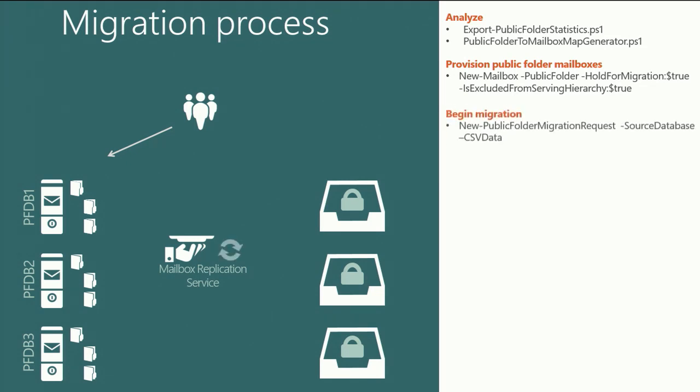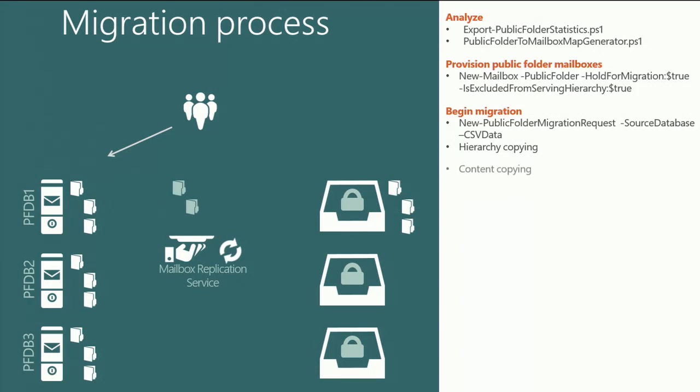Next, we begin the migration, and you will see I rushed through that in my demo very quickly. The new public folder migration request, that's a long word, creates a public folder migration request and starts pulling the data out of your legacy public folders and moving it to your modern public folders.